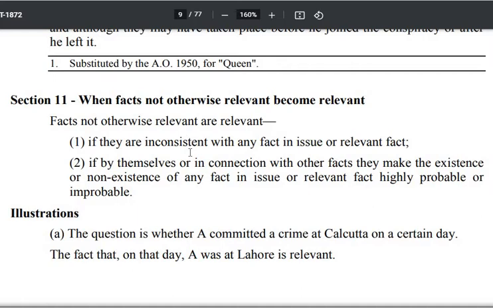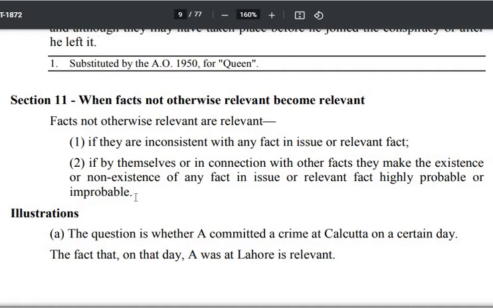Then further they are saying if by themselves or in connection with other facts they make the existence or non-existence of any fact in issue or relevant fact highly probable or improbable.